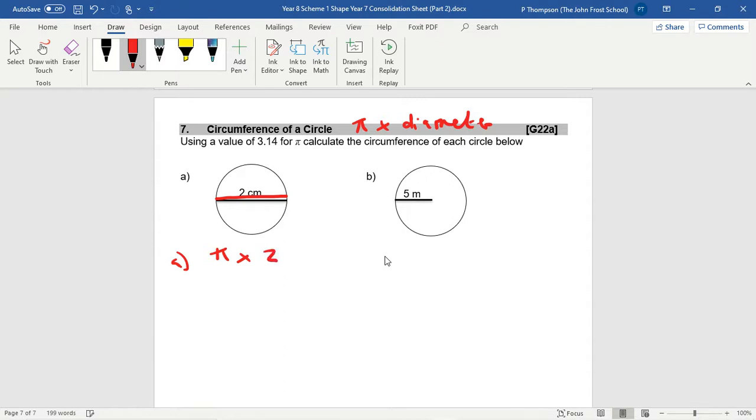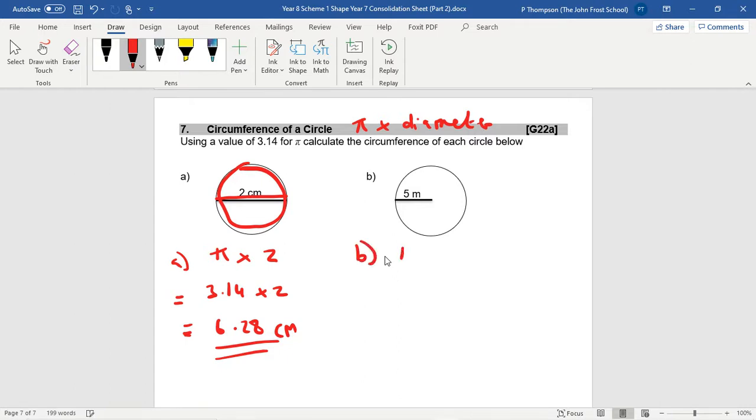So it's got to do pi times 2. So 3.14 times 2, that's going to be 6.28. Remember, okay, circumference means the perimeter of a circle around the outside. So obviously, if you walk around the outside of the shape, you just walk in centimeters. You wouldn't walk in squares because you wouldn't go anywhere, okay? And you can't walk in cubes because you'd be going 3D.